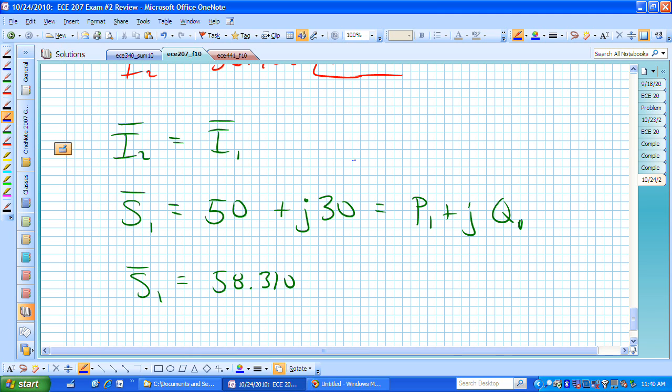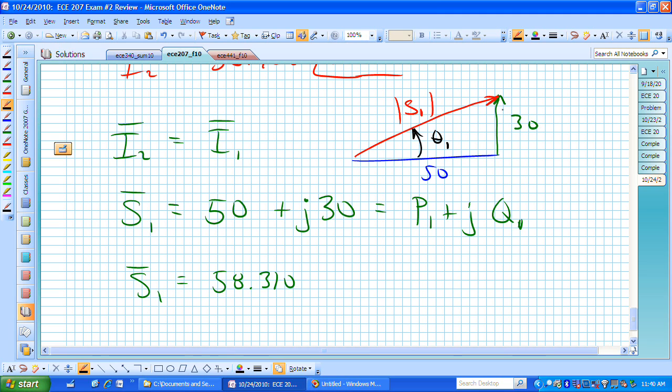Remember, our power triangle is 50 here, 30 here, and our complex power S1 has an apparent power of the length of that hypotenuse of that right triangle and the angle theta 1 right there.